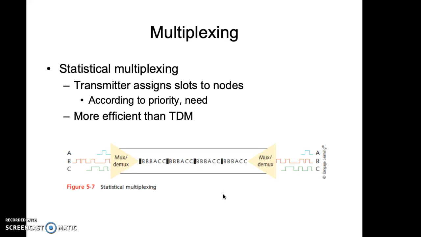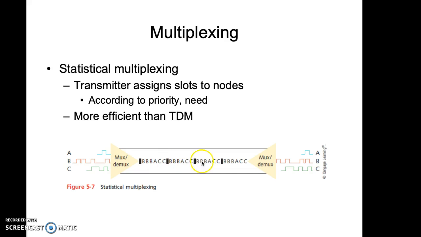Okay, statistical multiplexing. This one kind of helps because the transmitter assigns slots to the nodes by priorities and needs. So this way, it's more efficient than time division was. Here, A only needs a little bit, B needs a whole lot, and C needs about medium. So B gets some, A gets a little, and C gets some.